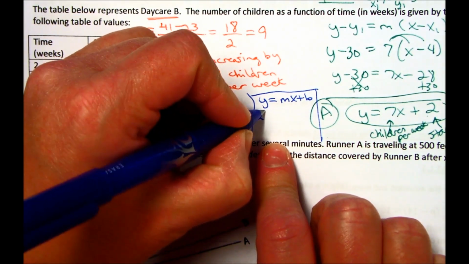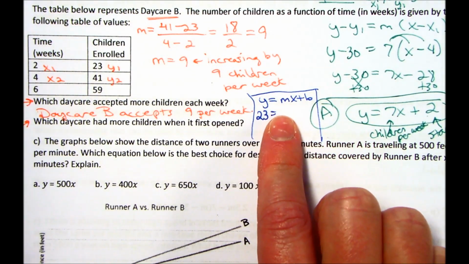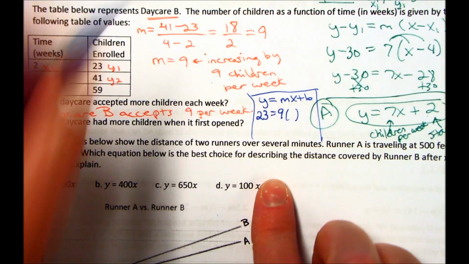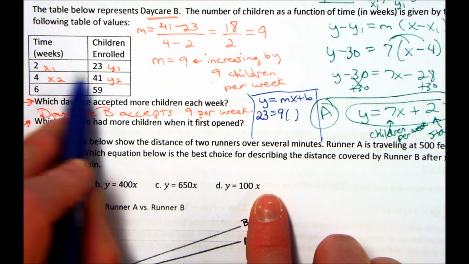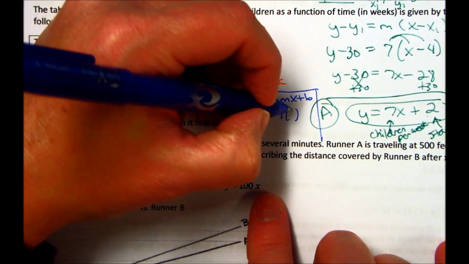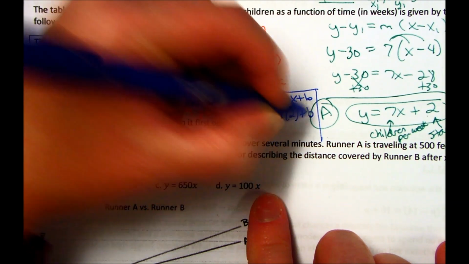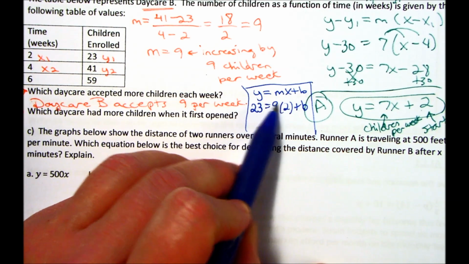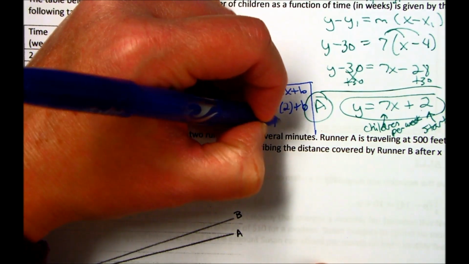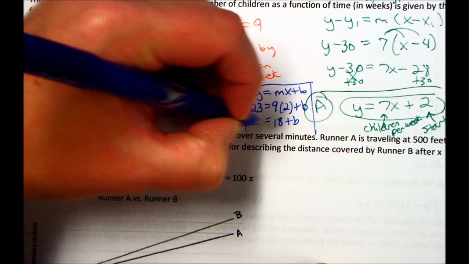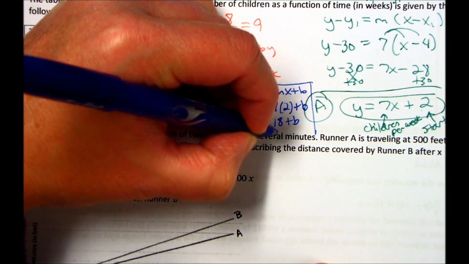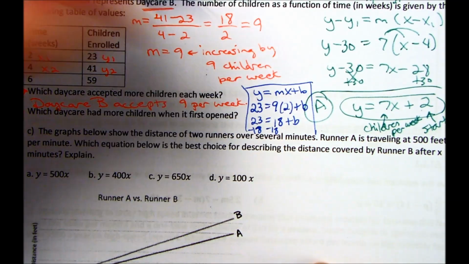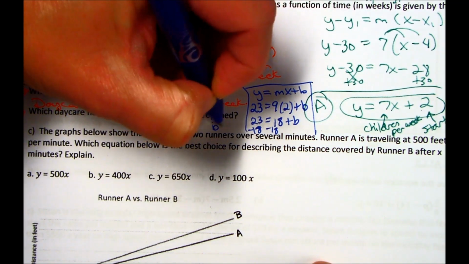Then I'm going to use my slope, which is 9, substitute that, and then substitute the x value that was with that 23, which is 2. Now I have an equation that I can use to solve for b. You can multiply the 9 and the 2 together, which gives us 18, and then subtract 18 from both sides, and you'll get b is equal to 5.